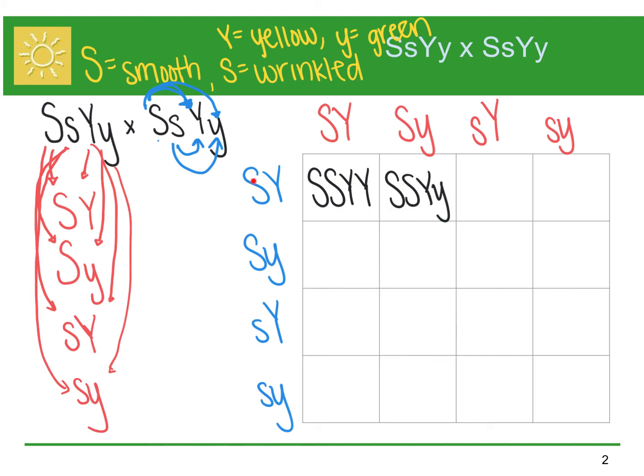For the third box, we'll combine capital S, capital S, capital Y, capital Y. And for the fourth box, we'll do capital S, lowercase s, capital Y, lowercase y. Any questions on that first row, or why any of the letter combinations are what they are?